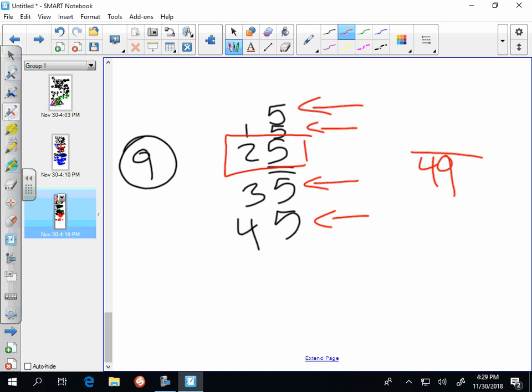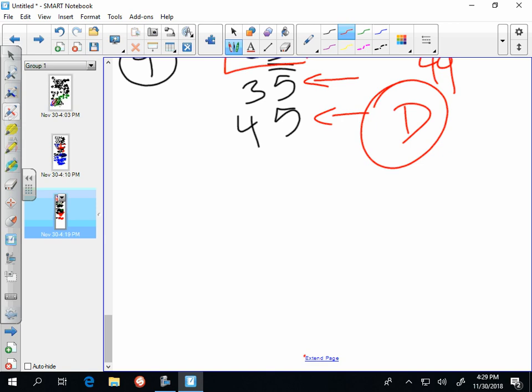But she's looking for one of four choices, 5, 15, 35, or 45. So she only has a 4 in 49 chance of pulling out another marble that has a 5 in the ones digit. And this corresponds with choice D for number 9. Number 10.